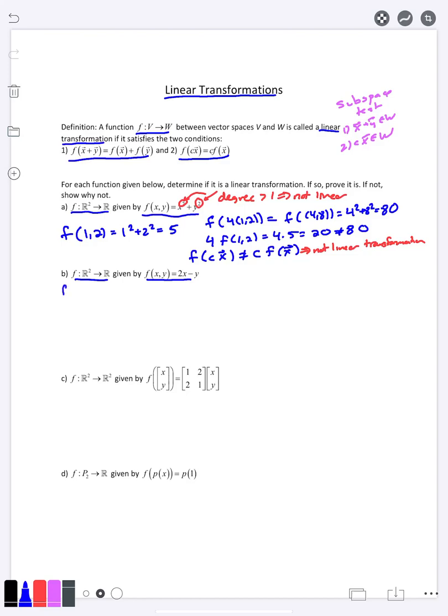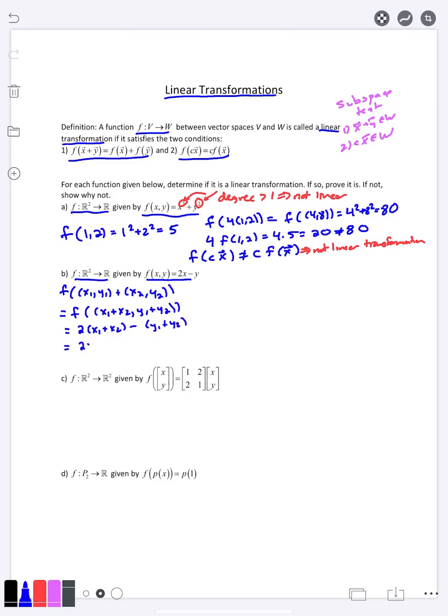So I would do f of, so I need to have two vectors added. So let's say (x1, y1) plus (x2, y2). Well, if you add the vectors together, it'd be (x1 plus x2, y1 plus y2). And if you apply the function, it's 2 times the x-coordinate minus the y-coordinate.